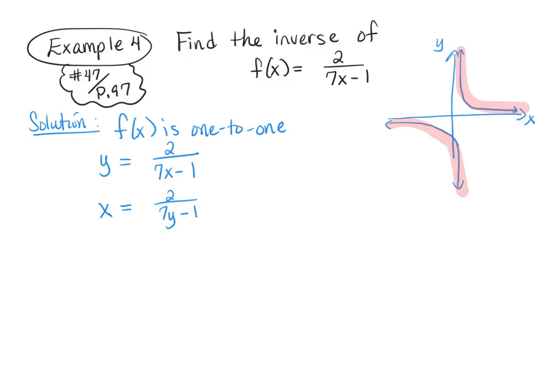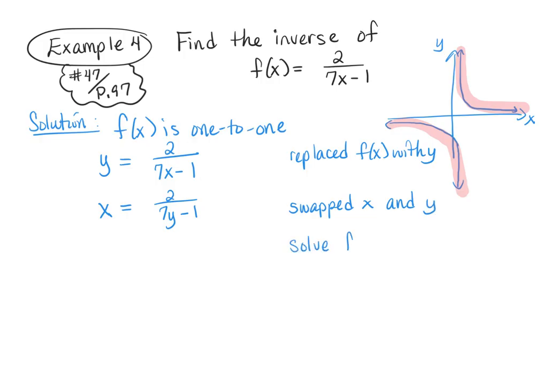So what we did was we replaced, in our first step, f of x with y. Then we swapped or interchanged x and y. And now we want to solve the new equation for y. So we have to multiply both sides of this equation by 7y minus 1.